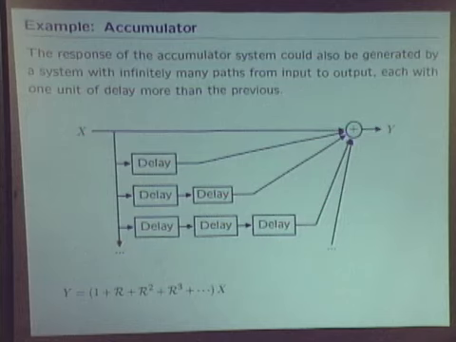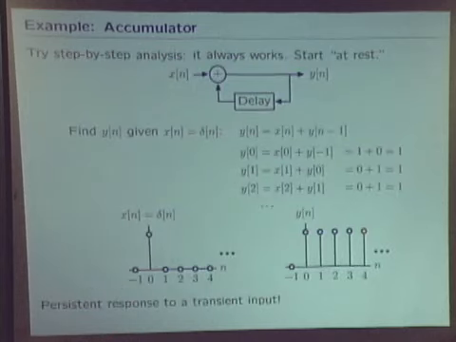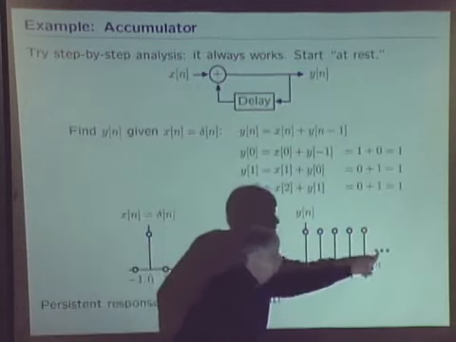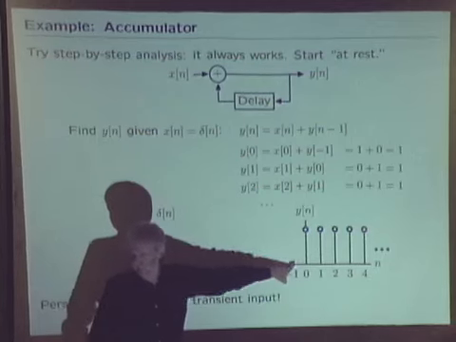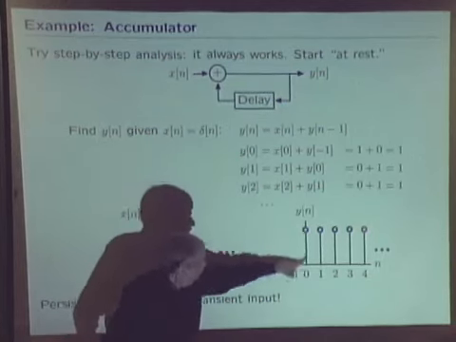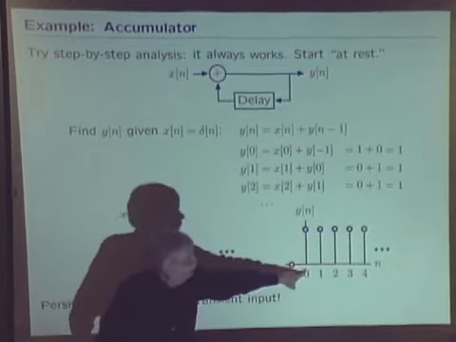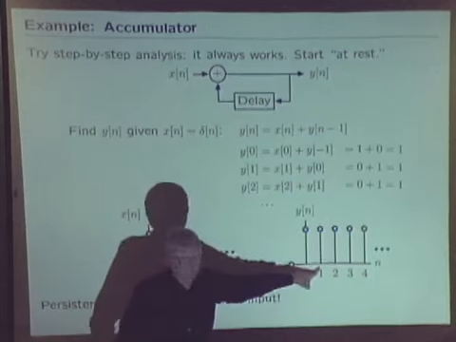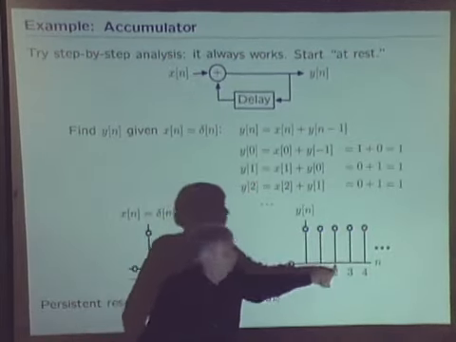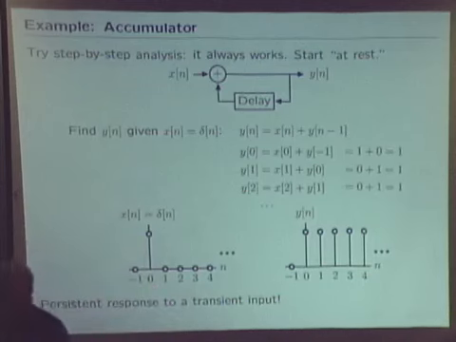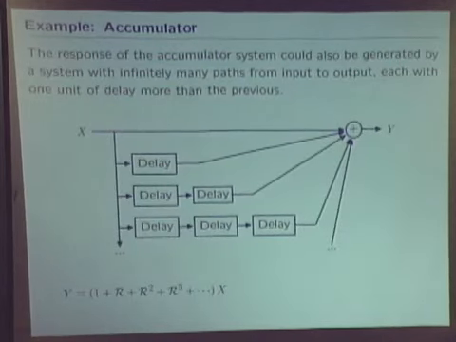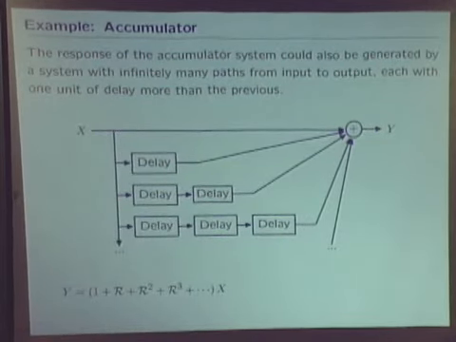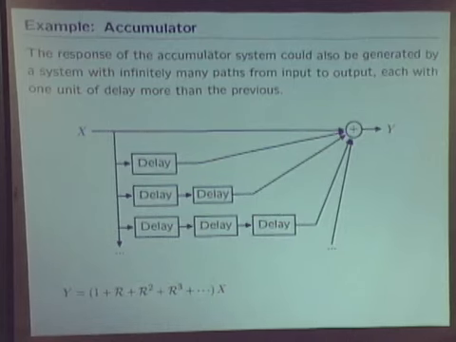So how do we think about that in terms of R operators? Well, having figured out what the response looks like, there's a perfectly valid R expression for this signal. This is just the unit sample plus R times the unit sample plus R squared times the unit sample plus R cubed times the unit sample, ad infinitum. That's that system. Okay, so I've done something very powerful and not all that obvious.